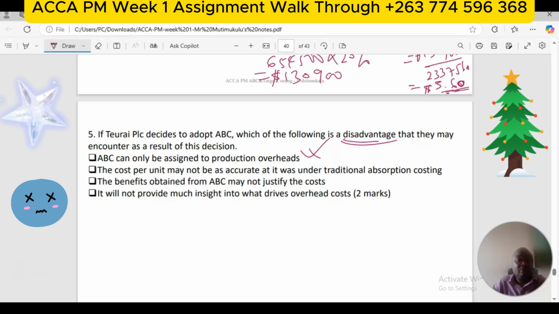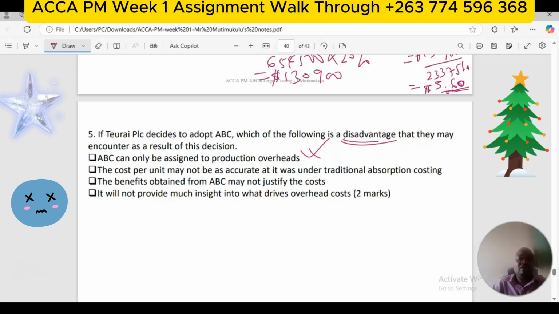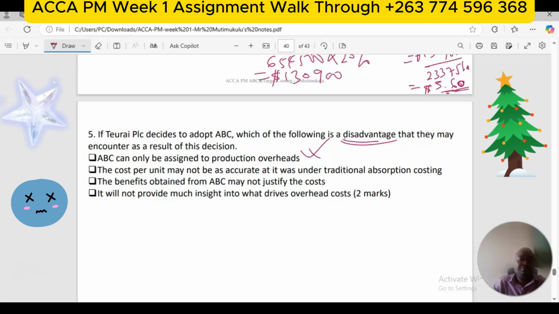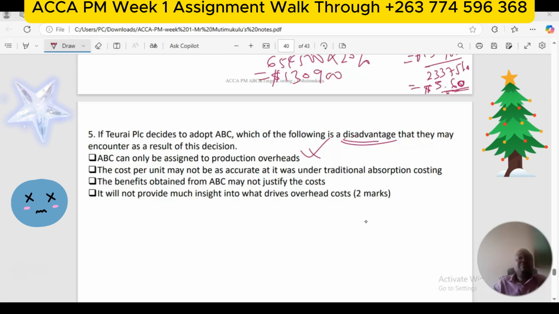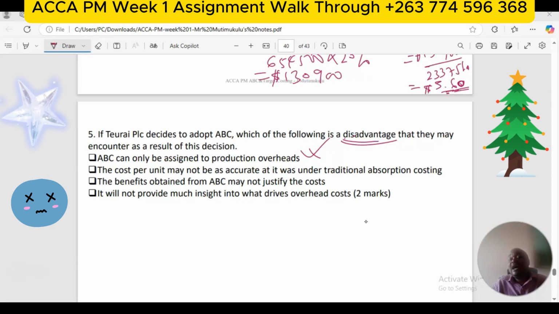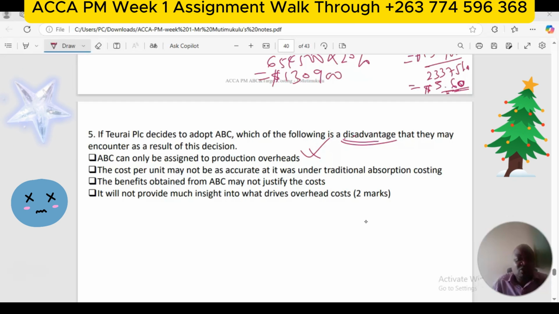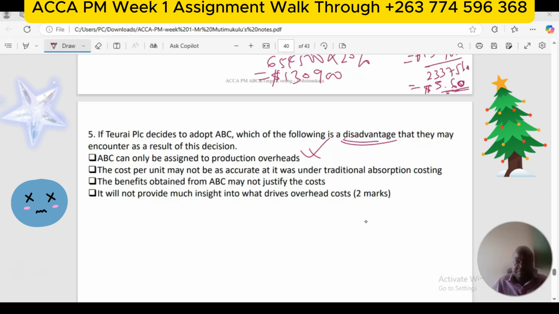All right, we want to look for disadvantages of ABC. So we are saying that the first choice there is a wrong answer. Why? Because ABC can also be used in relation to other types of overheads not directly related to production.